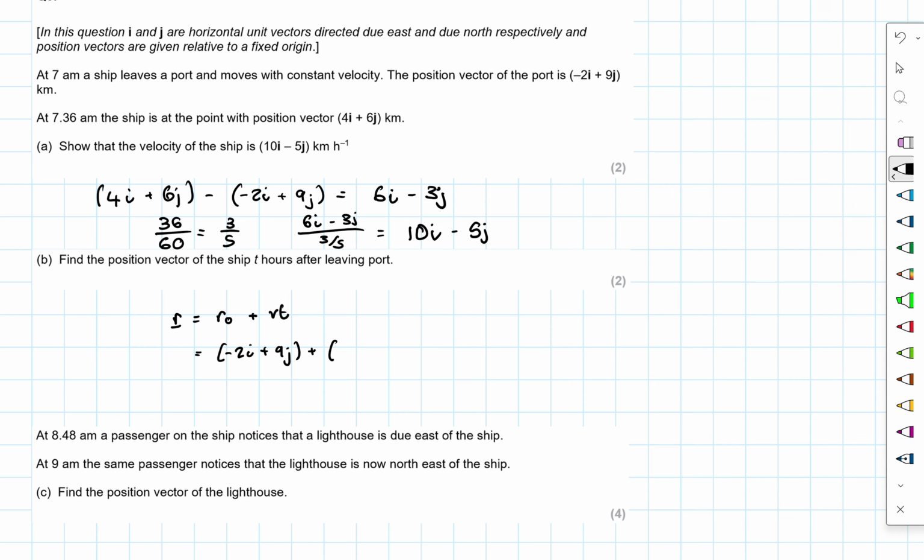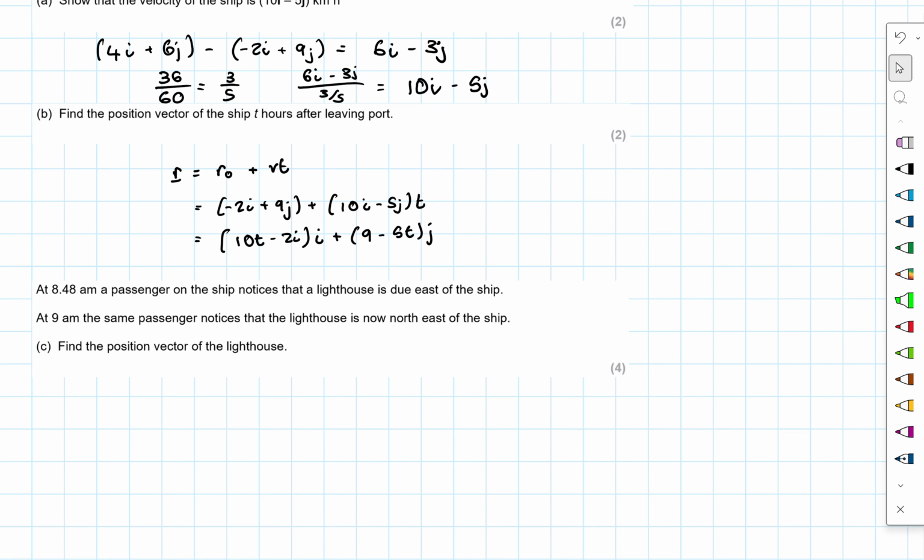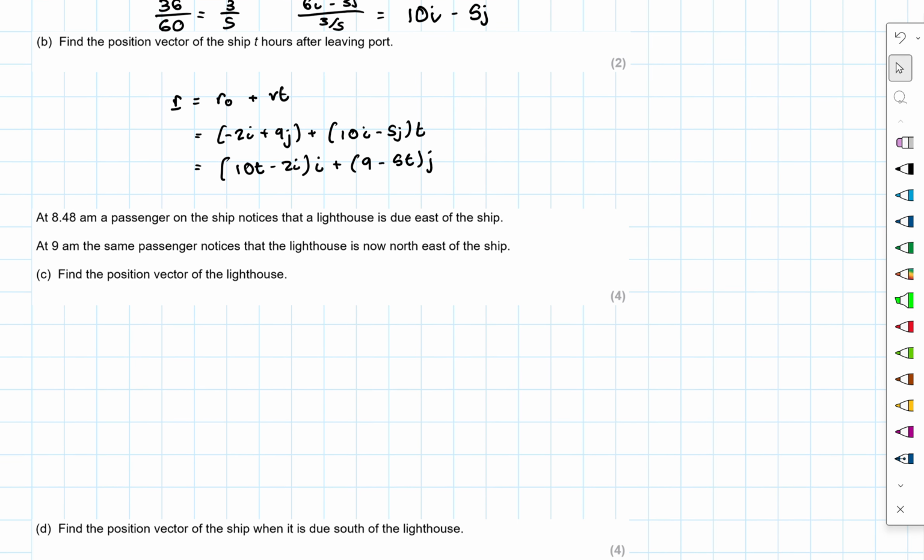And then v, we already know, is 10i minus 5j, times t. So as always, when you do this, you want to rearrange to get all your i's in the same place. So here I will have (10t minus 2)i plus (9 minus 5t)j. Really straightforward so far, nothing atypical whatsoever.